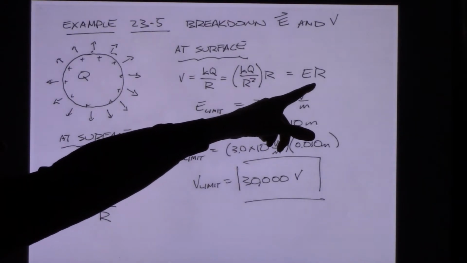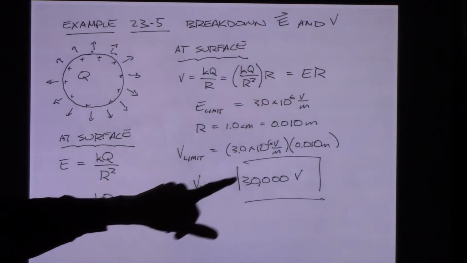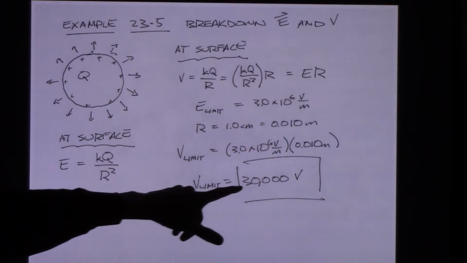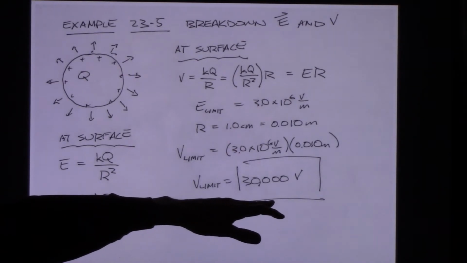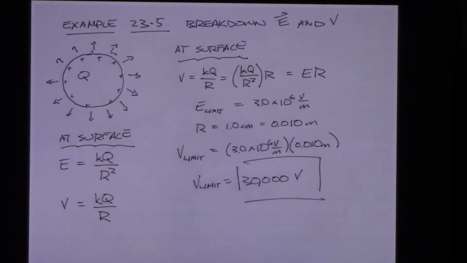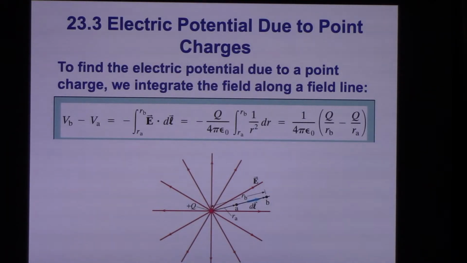I've got to go to a large enough R so that my breakdown voltage is above whatever the operating voltages are going to be. If I've got a transformer operating at 10,000 volts, and I need an object that can hold that much voltage and not spark, this is an example of determining how large that object needs to be.